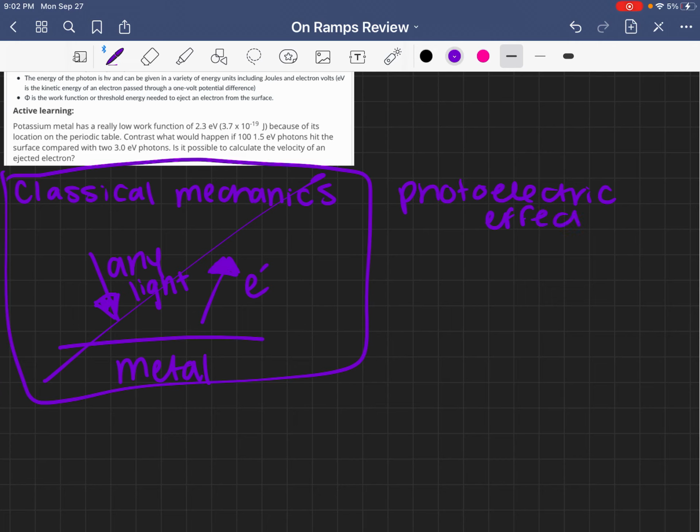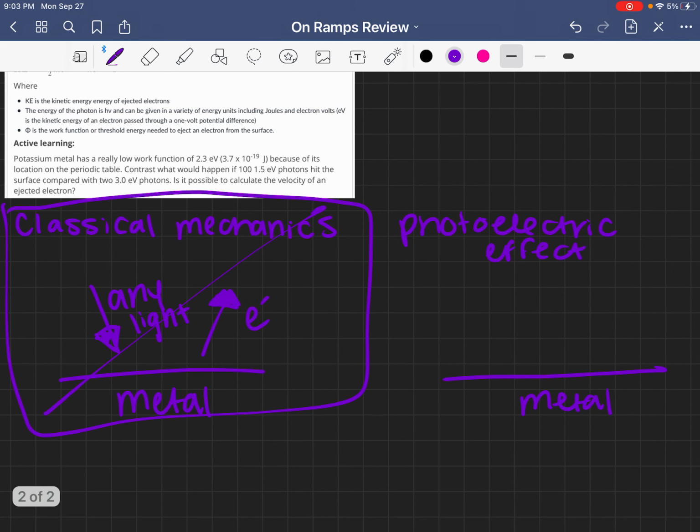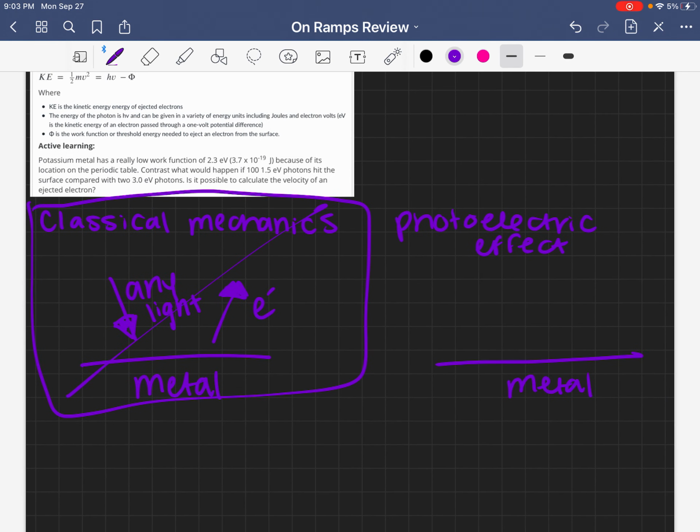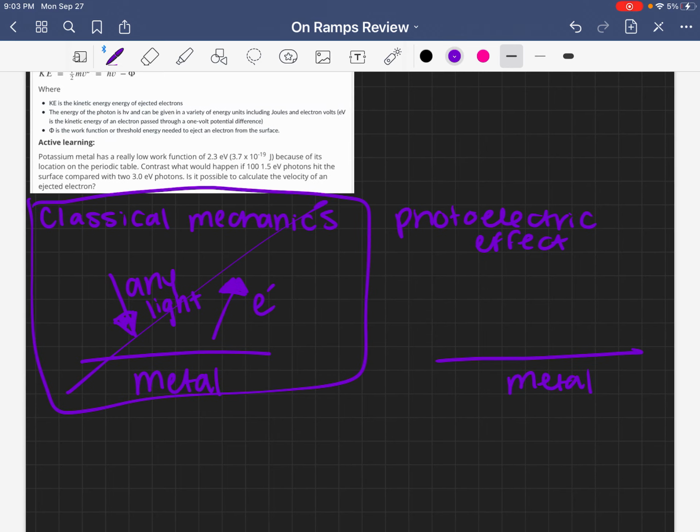Photoelectric effect says that you must hit the threshold energy to eject an electron. So there's a minimum amount of energy that the light must have to be able to eject an electron.